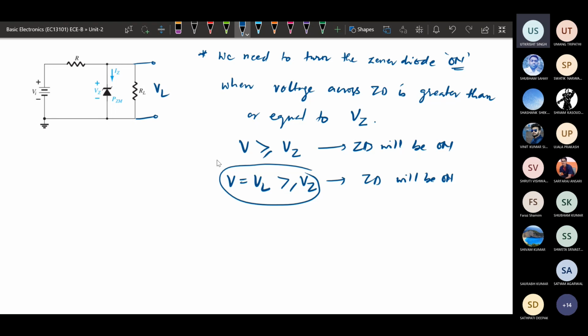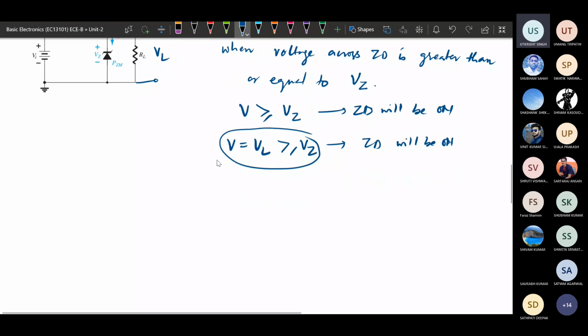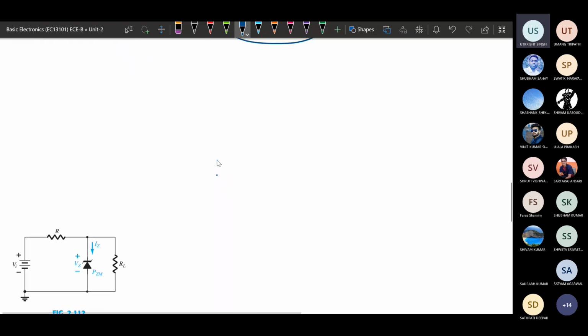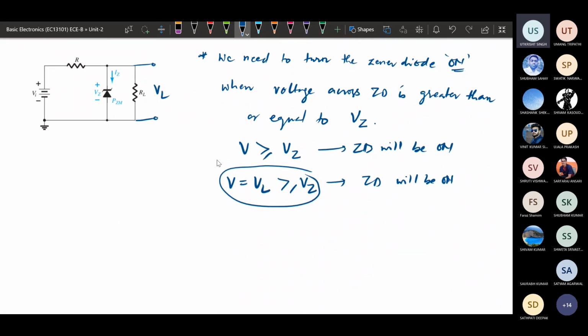Suppose this Zener diode is open circuit, and we are going to analyze how it is going to behave. If the voltage across this is Vz, and that equals VL, then by using KVL we can find the current flowing. Whatever the input voltage is, VI minus VZ divided by R will be the current flowing through this resistor, or we can call it IR.